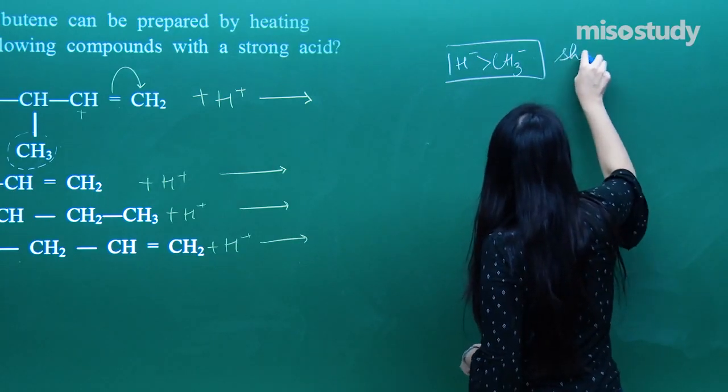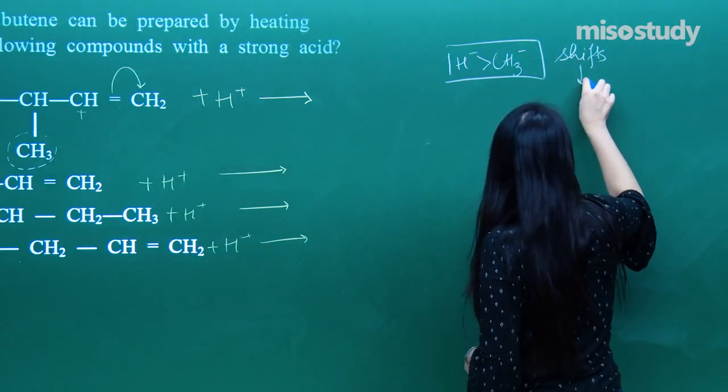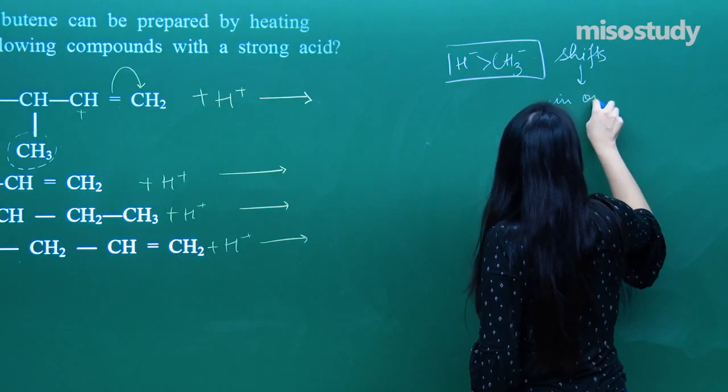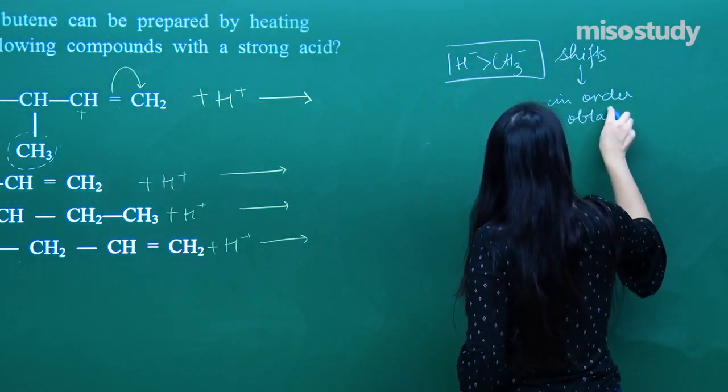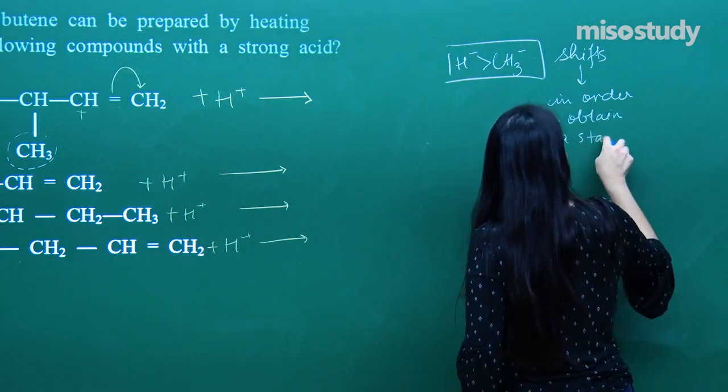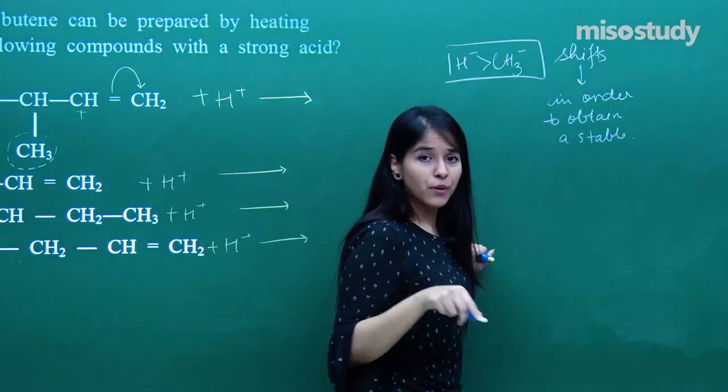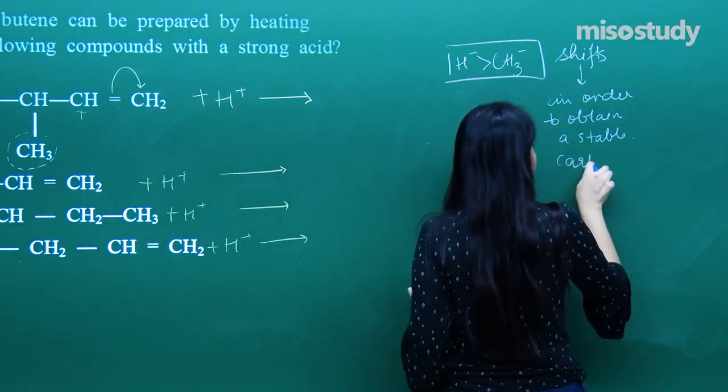These are the shifts which are possible in order to obtain a stable carbocation. That is what we need here in this question, a stable carbocation.